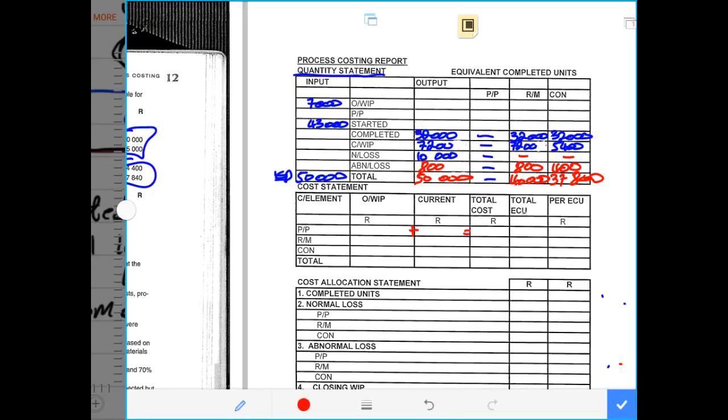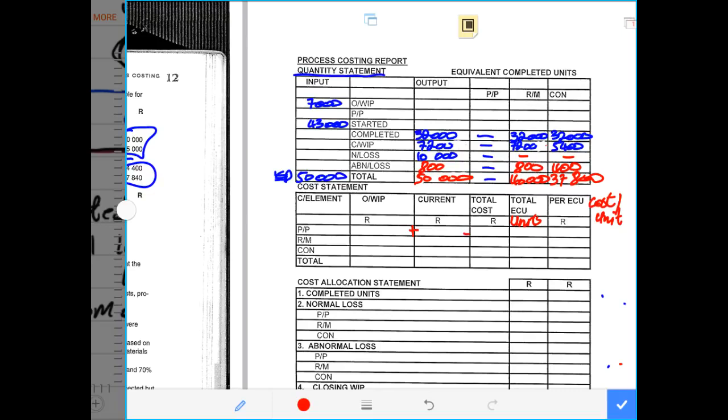This is the total equivalent units. All of this is coming from the quantity statement. That means we are dealing with the units here. It's only units that we deal with here. Also take note of that. The last part is the equivalent unit, in other words, the cost per unit.